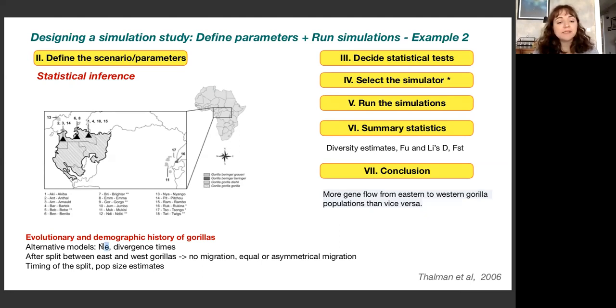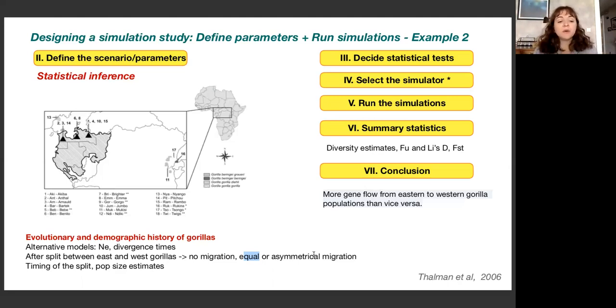If you study the dynamics of evolutionary forces and demographic changes, you need to create different models based on different effective population sizes and divergence times. They tested whether, after the split between the east and west gorillas in Africa, there was no migration, equal migration between west and east, or asymmetrical migration, meaning west is migrating to east more or east is migrating to west more.